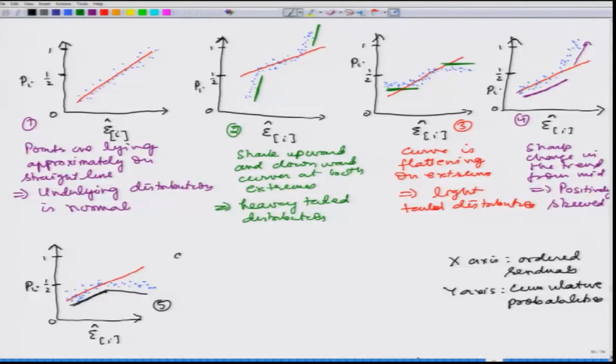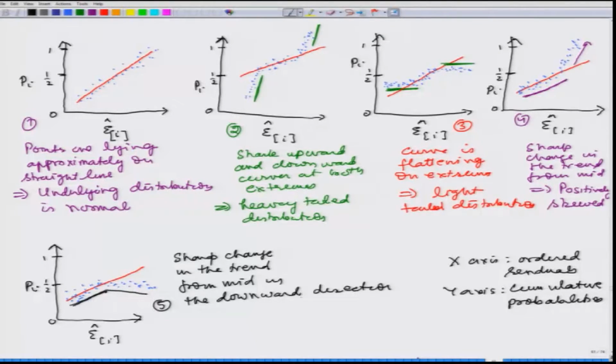Okay, so here in this case there is a sharp change in the trend from mid in the downward direction. So this implies that the observations are coming from a distribution which is negatively skewed.